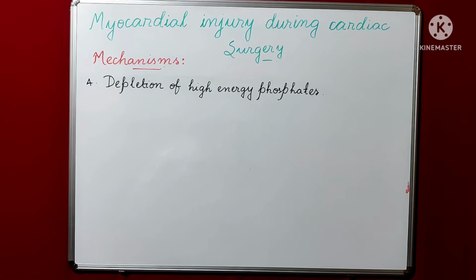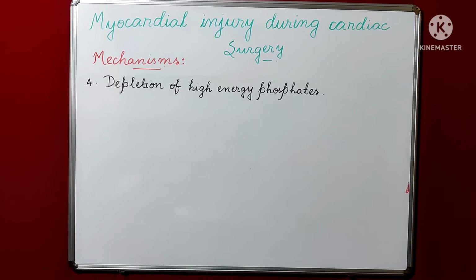So obviously during ischemia there will be no blood supply, so the energy stored, that is the ATP, adenosine triphosphate, that is called the high energy phosphate, that will be broken down to extract the energy.